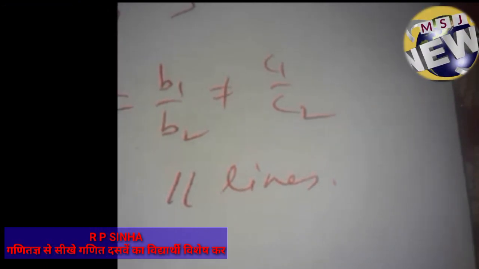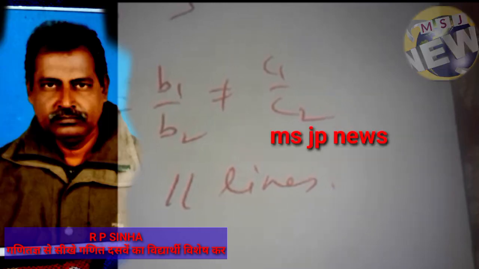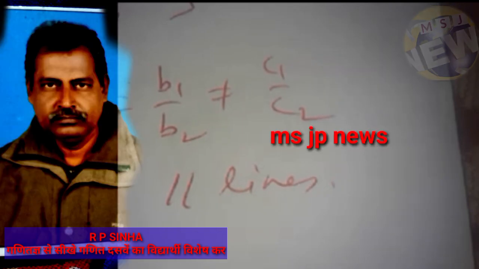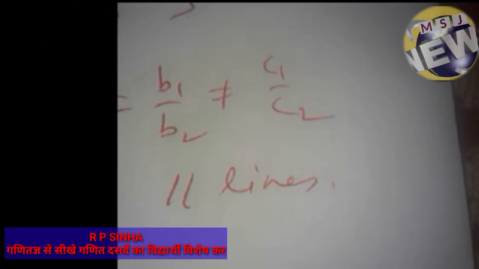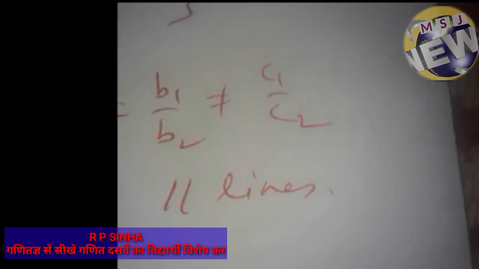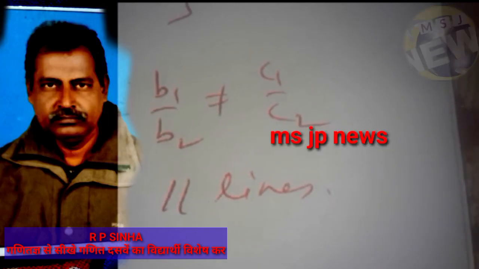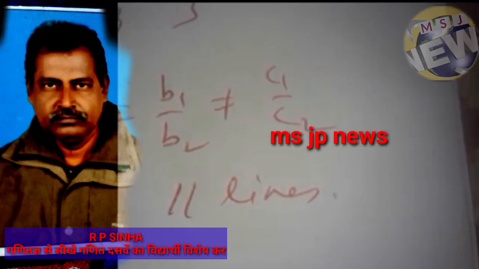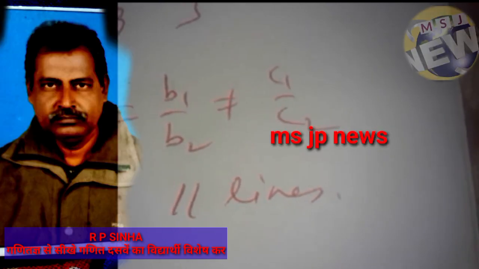So you have to practice these types of questions. In a 1 mark question, the equations will be given to you and it will be asked what kind of graph lines we will get if we draw using these equations. Then we will compare the ratios of the given coefficients.